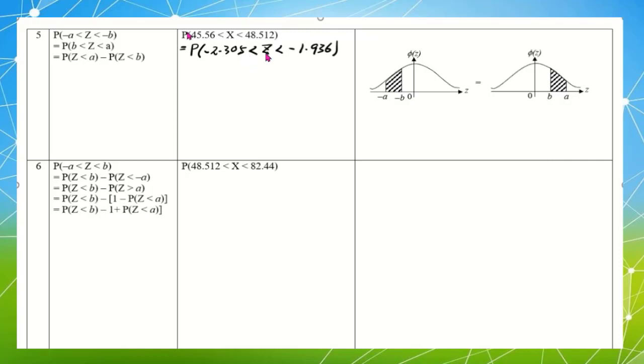Now since there are two inequalities here, we need to separate the inequality. But before we can separate, since these two numbers are negative values, we need to change the negative value into positive value.